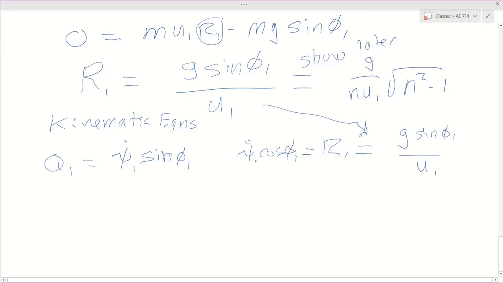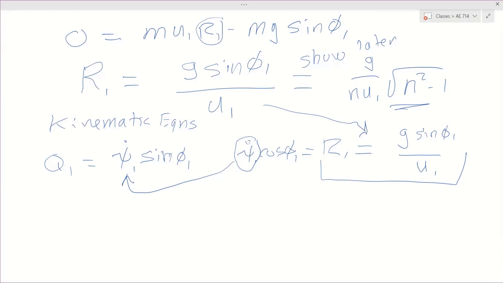So we're going to use this here. And this is good for R1 because it's in terms of bank angle or load factor. But we can use this to get Q in the same variables. Q will be in terms of bank angle or load factor. So if we substitute for psi dot there, then we're going to get a sine squared in the numerator, a U1 in the denominator, and we'll get a cosine in the denominator, because we're going to divide by that.